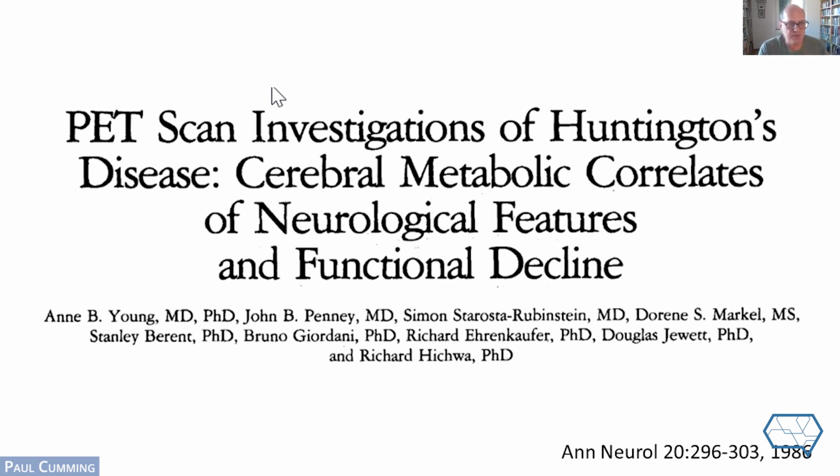And this paper reported, really for the first time in a quantitative sense, where they obtained PET scans with FDG glucose in a group of healthy controls and in patients, and published their results in the Annals of Neurology. Next slide.